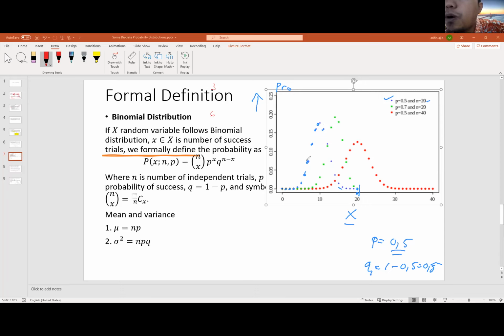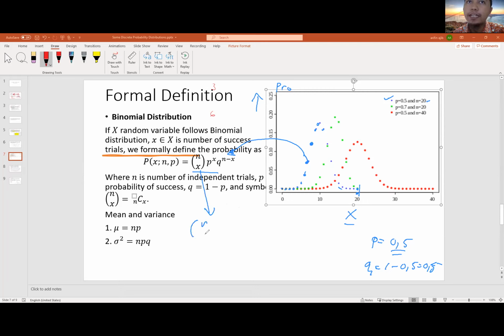And each point here, we can compute the probability using this formula. Actually, this formula is exactly the same as what I already explained before. You can see here, this is actually the expression of combination.